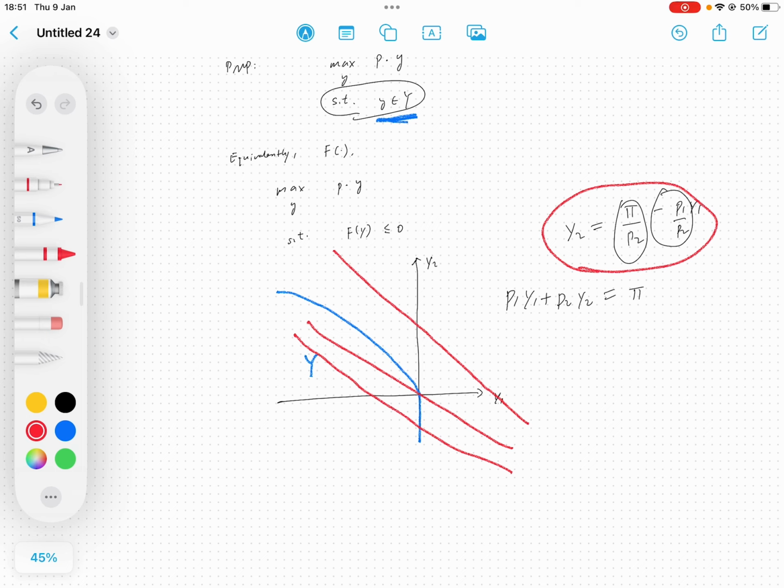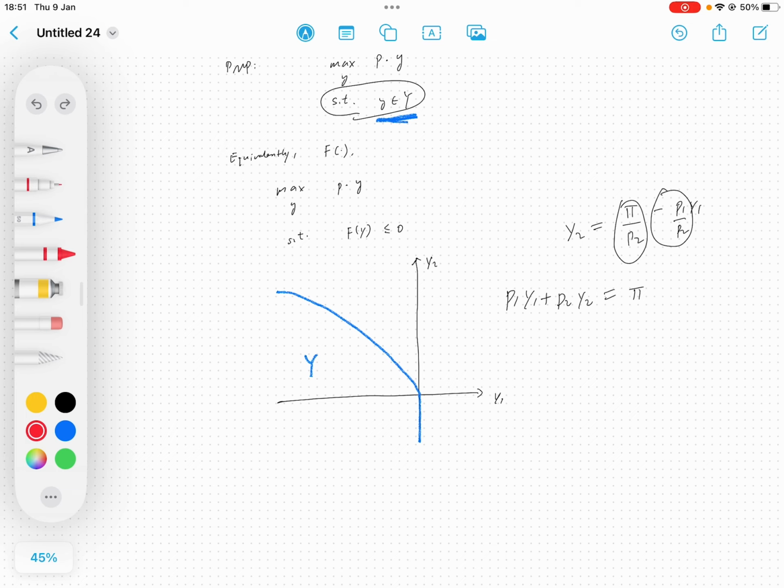So that'll be an element inside of this blue area, okay? So that'll be exactly some line tangent to this, okay? All right, so this point will be exactly the solution to this problem, right? Okay, so that is PMP, all right?